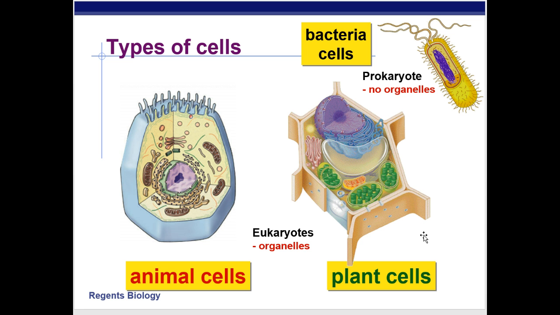Looking at cell types, some of the cells that we would be most familiar with would be animal cells and plant cells. So in this slide we see pictures of each, with the animal cell over on the left and the plant cell over on the right.